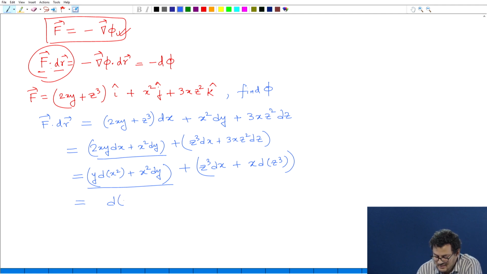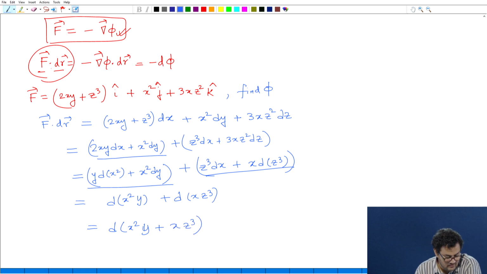So, here it will be d of x square y, and the same thing here, d of x z cube. So, it will be d of (x square y plus x z cube), and hence phi will be equal to minus (x square y plus x z cube) plus some constant of integration.